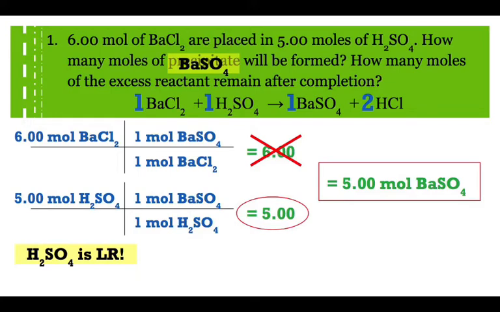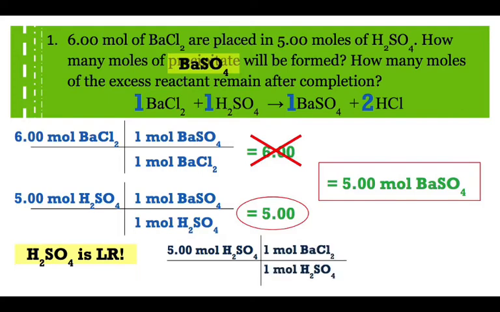That's also going to be our starting point in figuring out how much excess reactant is remaining. We take those 5 moles of H2SO4, use that 1-to-1 ratio to find how much barium chloride got used when we reacted 5 moles of H2SO4. Unsurprisingly, that's 5 moles. And since we started with 6, 6 minus 5 means there's 1 mole remaining.